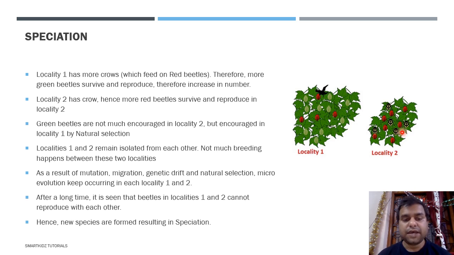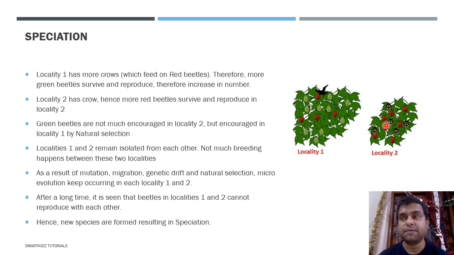After a long time, it is noticed that the beetles from locality 1 cannot breed with beetles from locality 2. Before, they had the capability of breeding with each other, but now they don't.